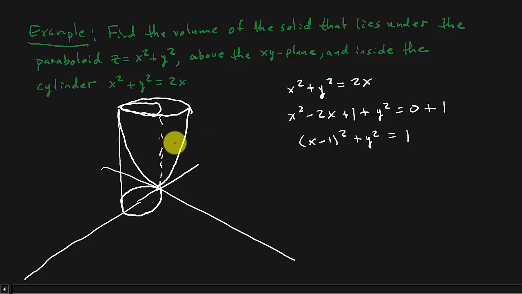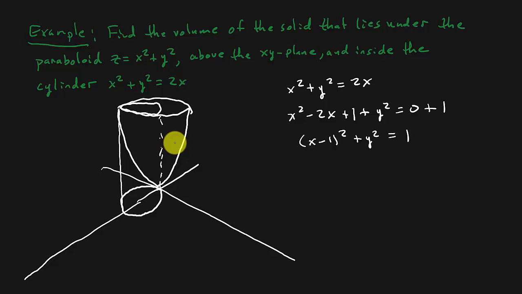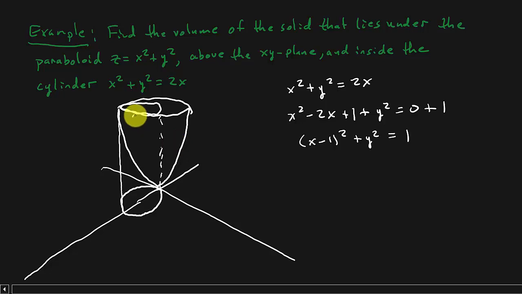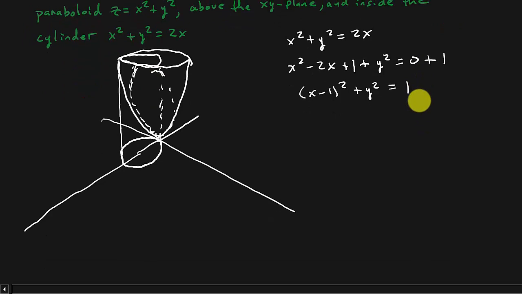I know I'm going to butcher this when I draw it, but I'll draw it the best I can. It's going to be something like this right here, this circle here. That's where they intersect.